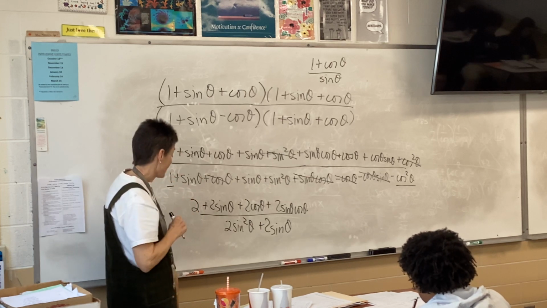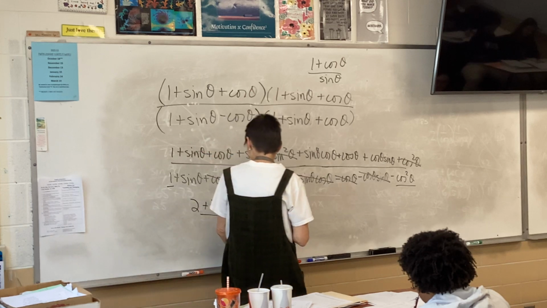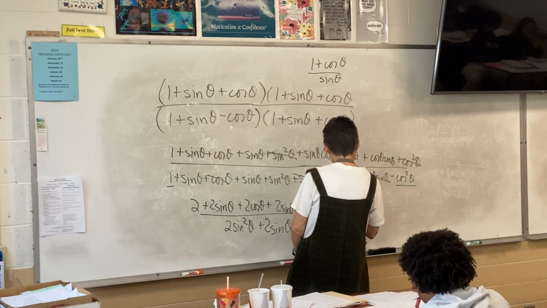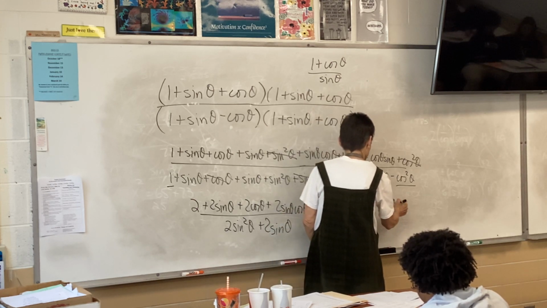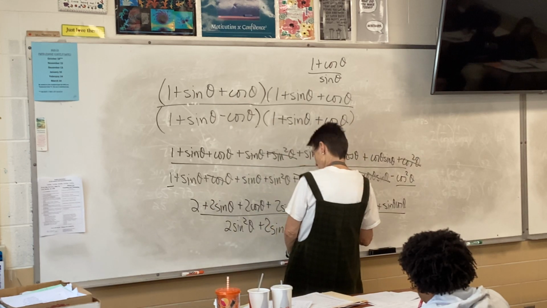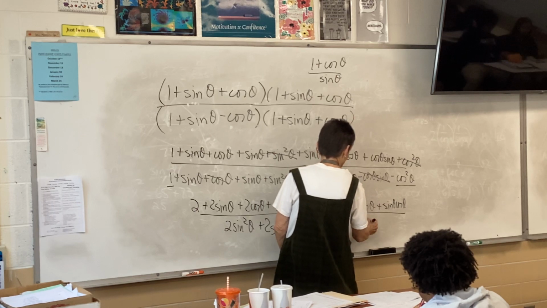Let's take a 2 out of everything for sure. So if I take a 2 out of everything, now I've got 1 plus sine plus cosine plus sine cosine over, 2's gone, over sine squared plus sine.